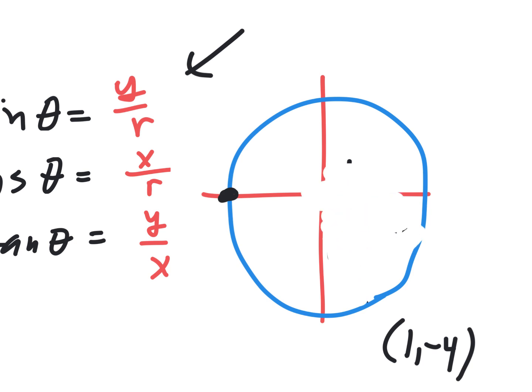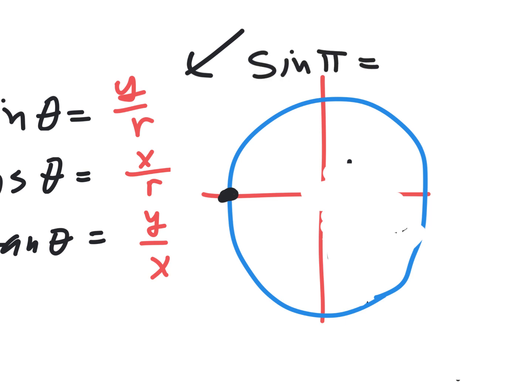I'm just saying, what's sine of pi? It's not a mystery angle, Mr. Saver. It's pi, sine of pi. But they didn't give us any numbers. Yes, they did. Because I know where pi is, I can always use zeros and ones for that spot.